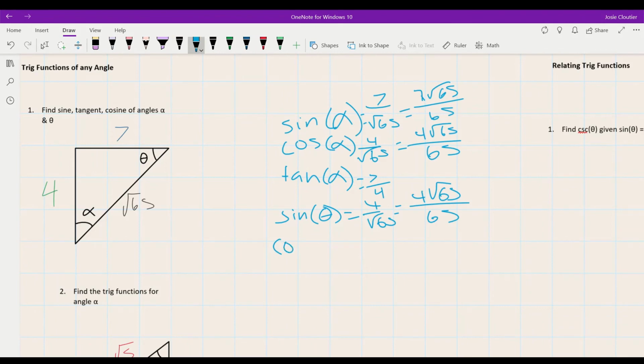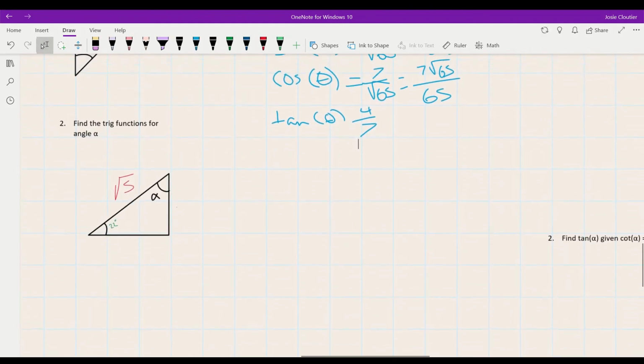Cosine of theta is equal to 7 over square root of 65, which is equal to 7 times the square root of 65 over 65. And lastly, tangent of theta is equal to 4/7.